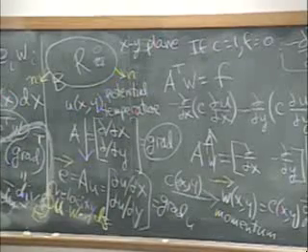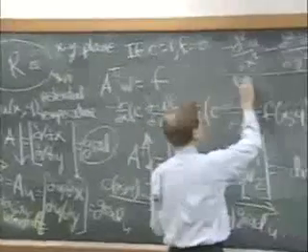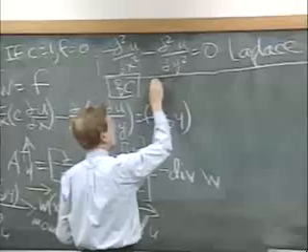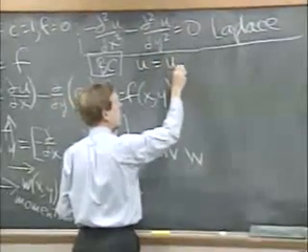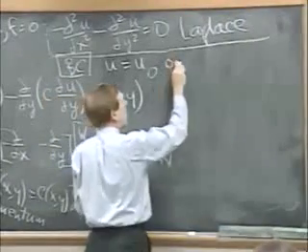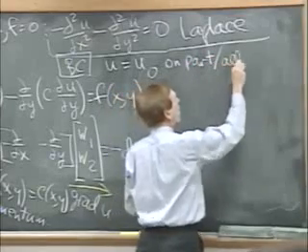Boundary conditions: I could have u equals some specified function u0, maybe on part or all of the boundary.